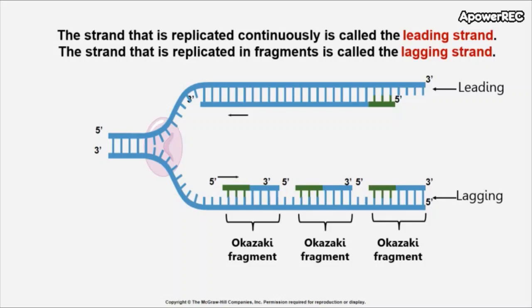The one strand that can synthesize in the direction of the replication fork is called the leading strand because it's in the lead in terms of synthesis here. The strand that has to synthesize in the opposite direction of the replication fork is a little bit behind and is called the lagging strand.